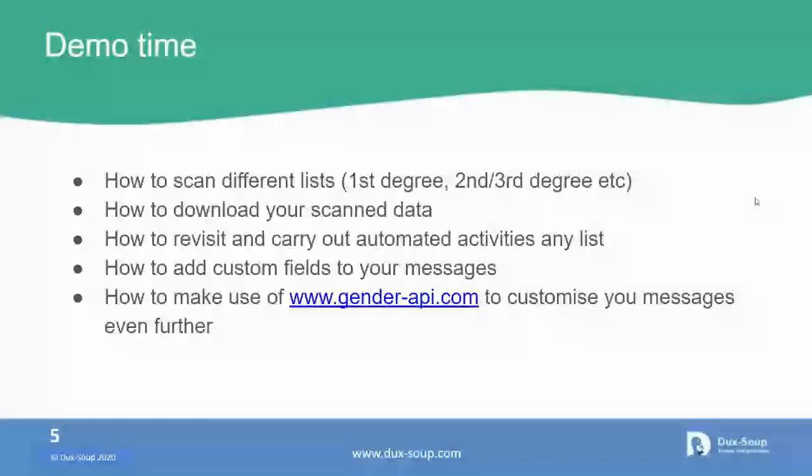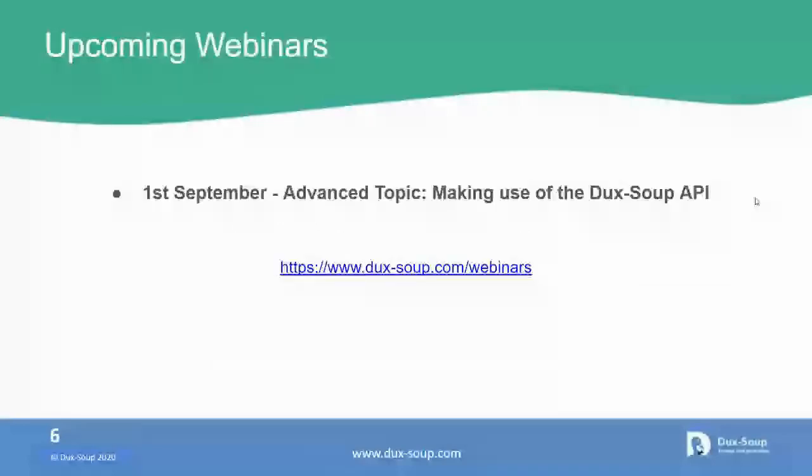How to download your scanned data, how to revisit and carry out automated activities on any list, how to add custom fields to your messages, how to create custom files, and also how to make use of Gender API to customize your messages even further. If you're processing lists of 1,000 or 2,000 people, then of course, having that happen automatically is incredibly valuable. That's everything I wanted to cover today.